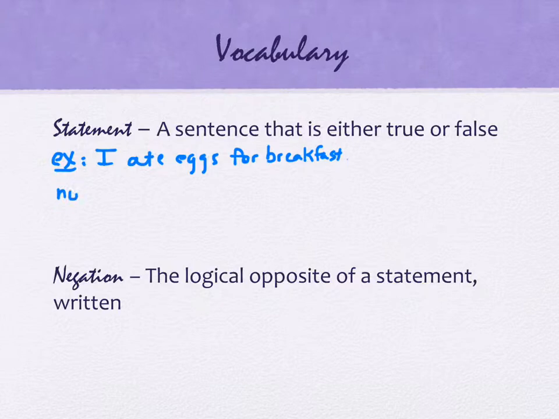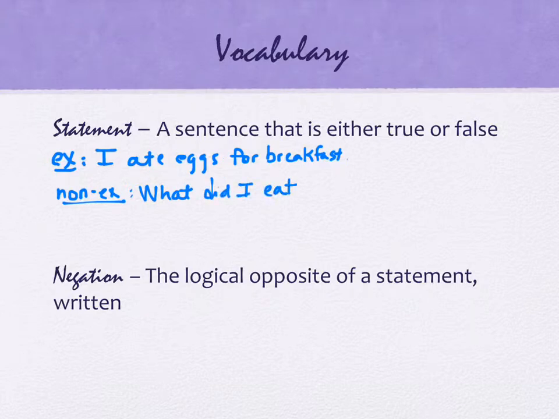A non-example of a statement, there's a couple of them that I could show you. I'm going to show you one of them. One of them would be something like this. What did I eat for breakfast?